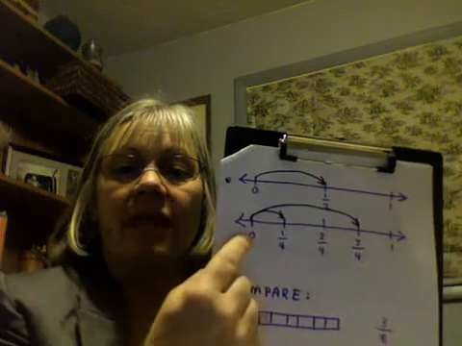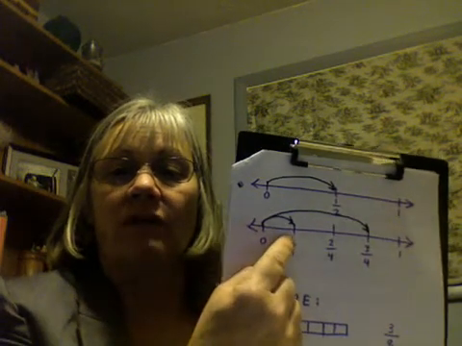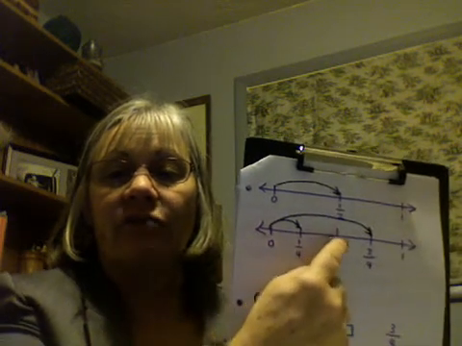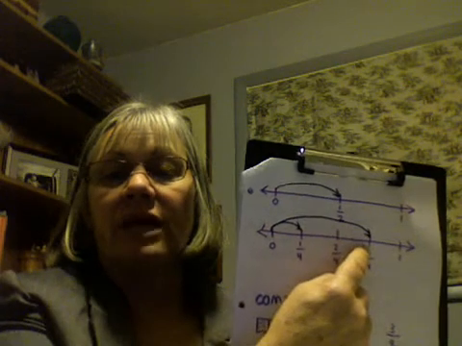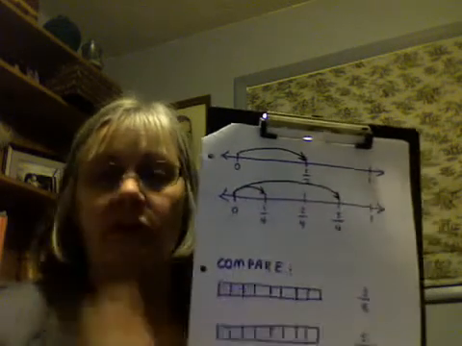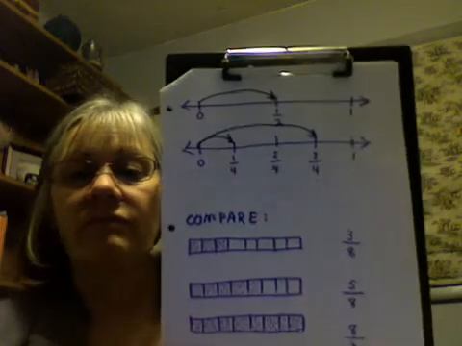Similarly, a 1/4 jump is quite small. 2/4 would land here, and a 3/4 jump is greater than the size of a 1/2 jump because it goes farther along on the number line towards the whole, which is our number 1.